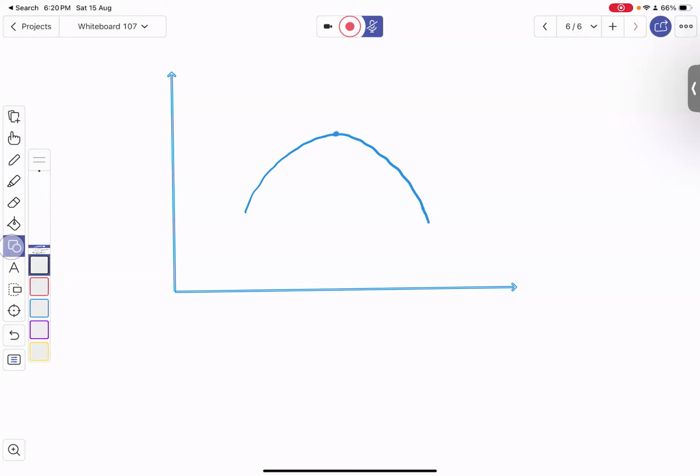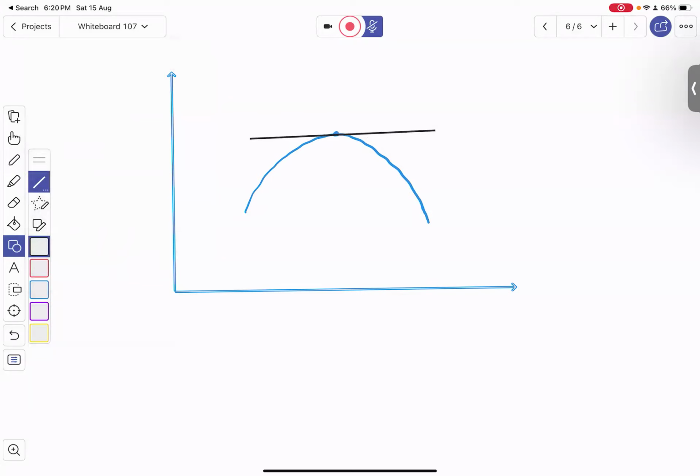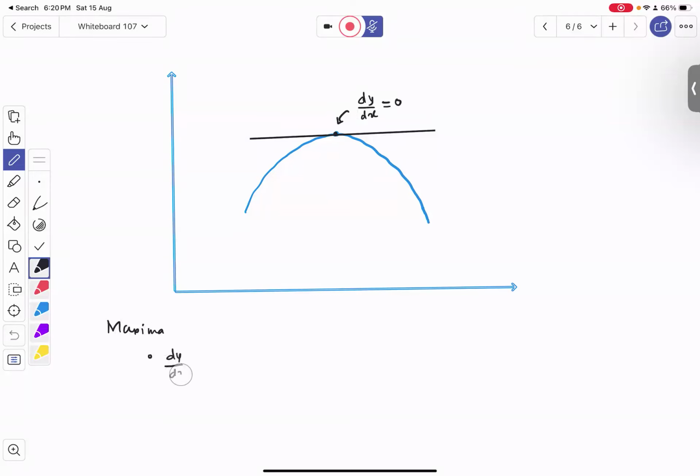And at the point where it has the peak value, if I drop a tangent, you will find it parallel to the x-axis, which means the slope of the tangent will be 0 there. So for maxima to occur at any point, what will be the conditions? That slope, or the dy by dx, must be 0 and the shape must be concave down.